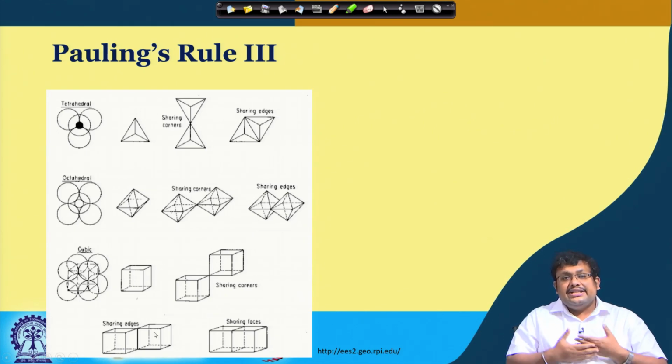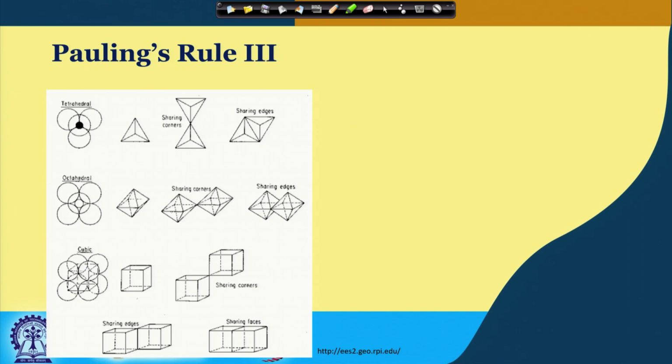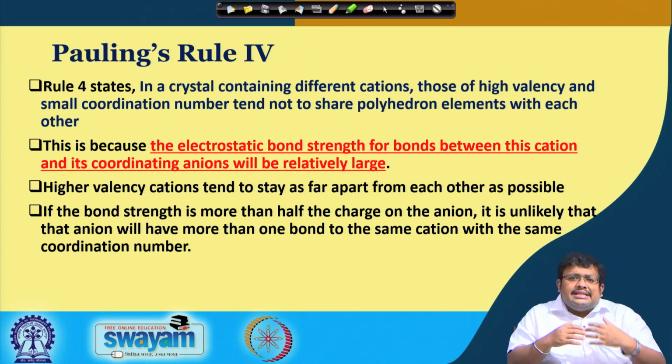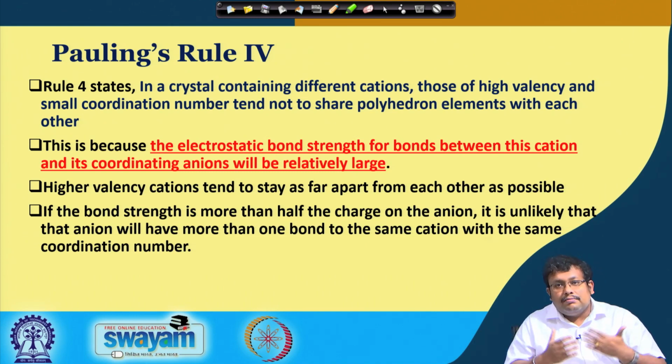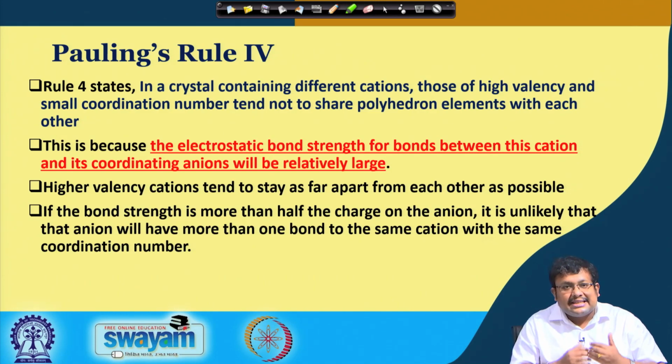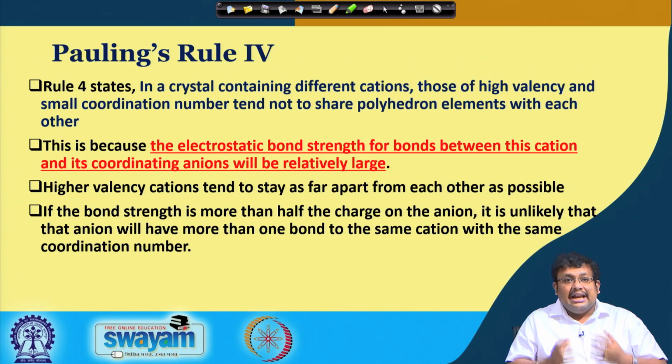Remember that when they are sharing their edges, the chance of destabilization is much more than that of sharing their corners. Now, Pauling's rule 4. Pauling's rule 4 states in a crystal containing different cations, those of high valency and small coordination number will basically tend not to share polyhedron elements with each other. This is because the electrostatic bond strength for bonds between this cation and these coordinated anions will be relatively large.